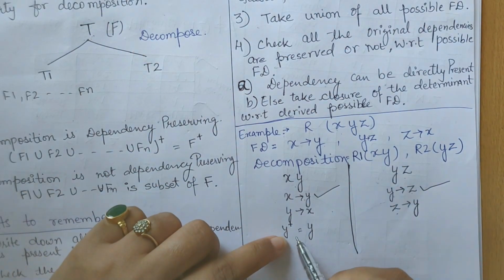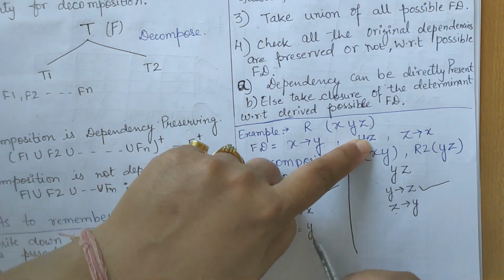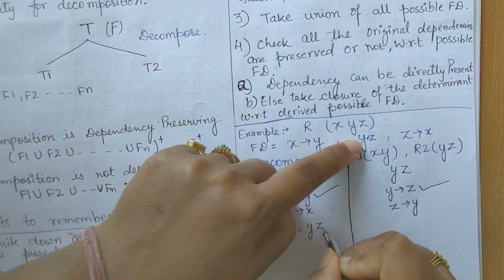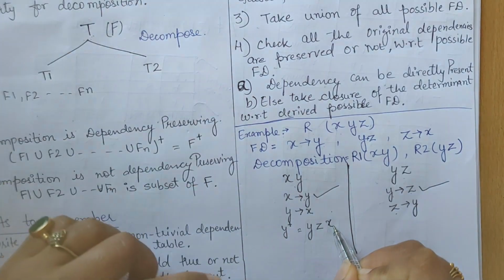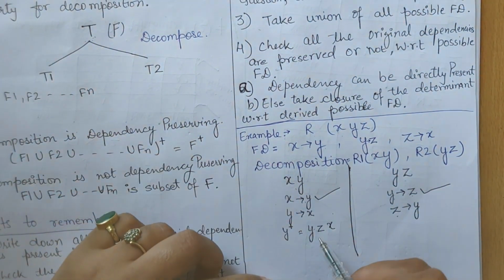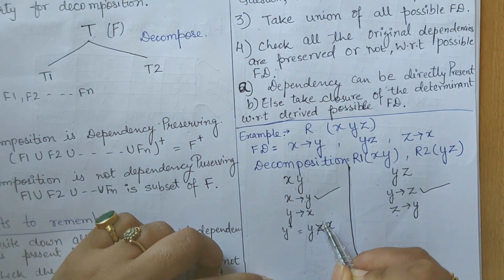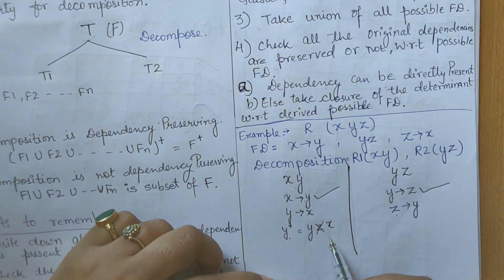Okay. Now Y can determine Y, then Y can determine Z also, and Z can determine X also. So here, as you can see, Z is not part of this table, so I will exclude Z. I can say Y can determine Y and X. Fine.